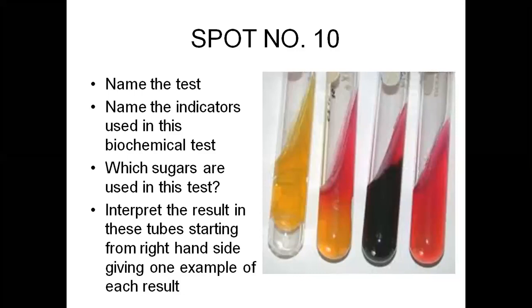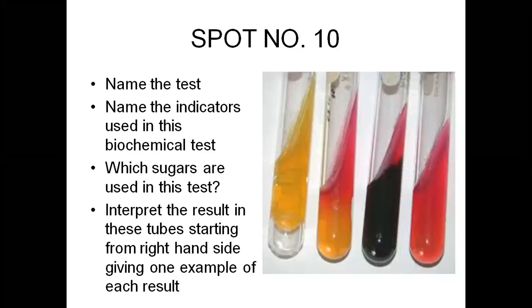This is a specific media just for urine samples. So if we have urine samples, we are going to put that on CLED media. CLED media is used to differentiate between lactose fermenters and non-lactose fermenters. It is the same as MacConkey's agar, in that we are differentiating between lactose fermenters and non-lactose fermenters.